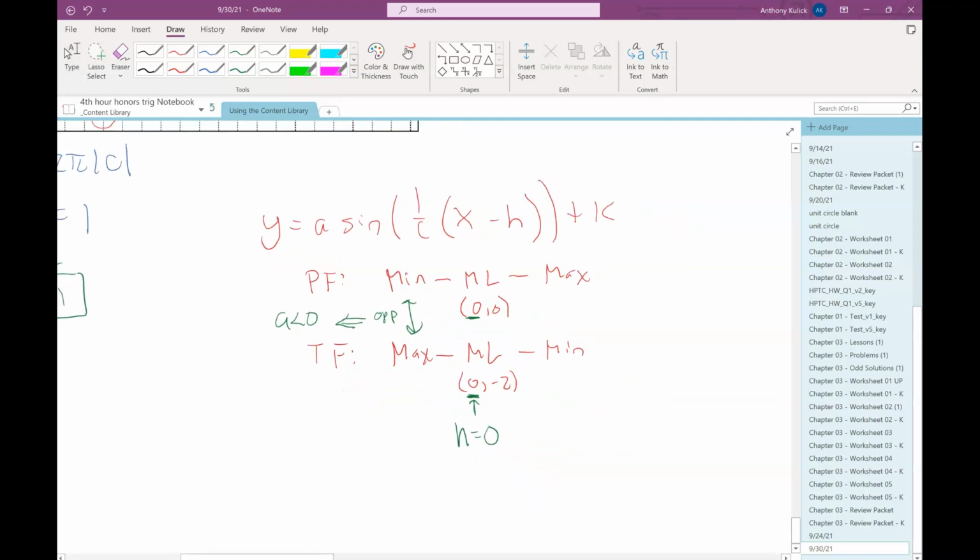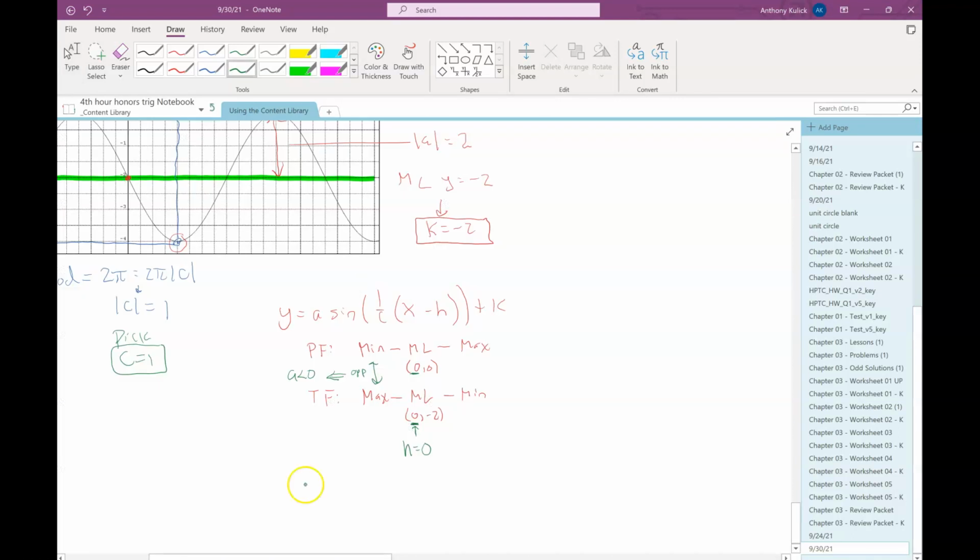So one answer I could write would be y equals negative 2 sine of 1 times x minus 0, minus 2. That would be a perfectly reasonable answer.